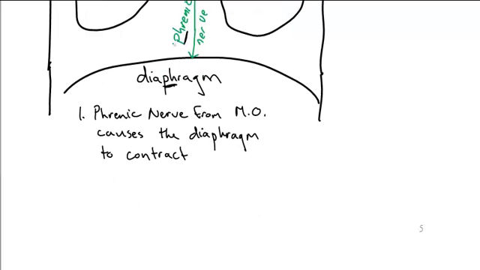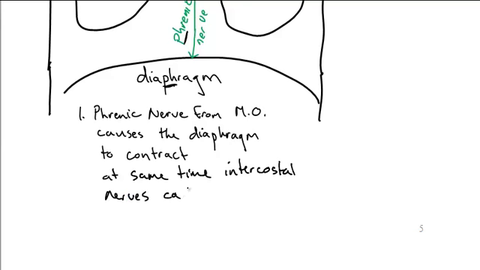We go down here. At the same time, intercostal nerves from MO cause the intercostal muscles to contract.